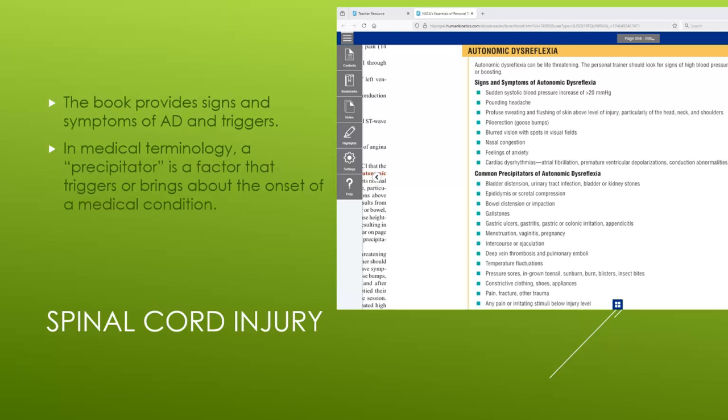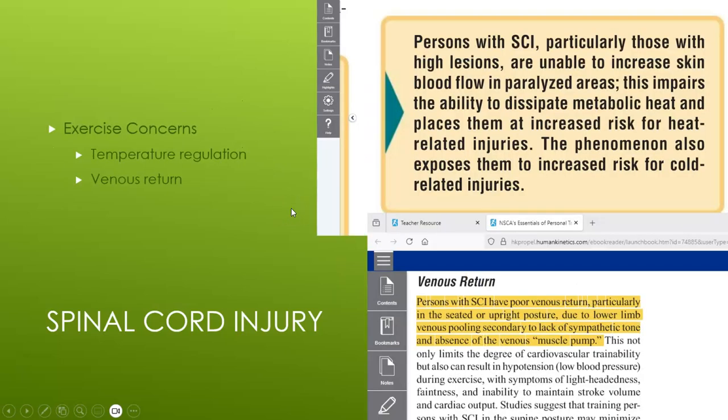All right, so the book provides some signs and symptoms of autonomic dysreflexia and triggers. In medical terminology, they get into precipitators. A precipitator, in medical terminology, is a factor that triggers or brings about the onset of a medical condition, just FYI. So maybe pause and take a read through some of these and be a little more well-informed on those.